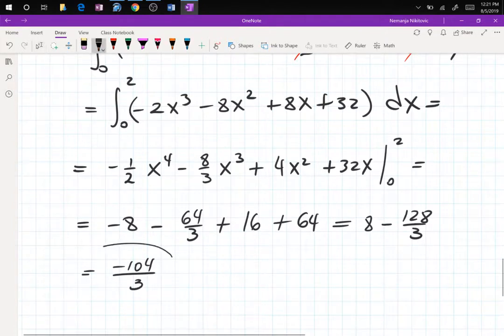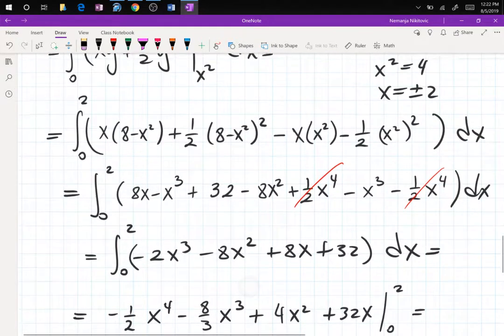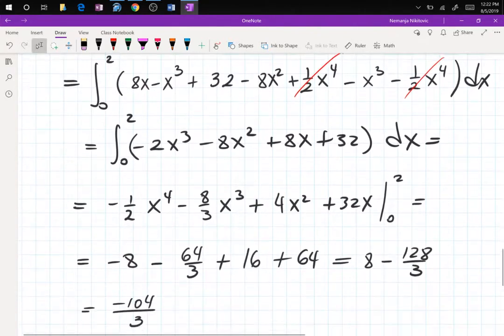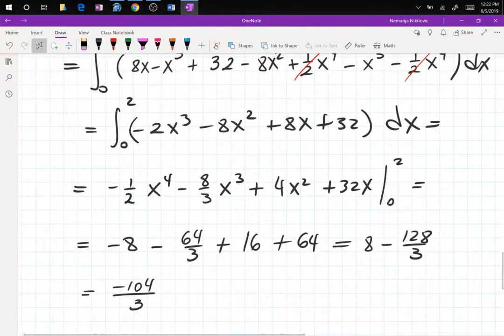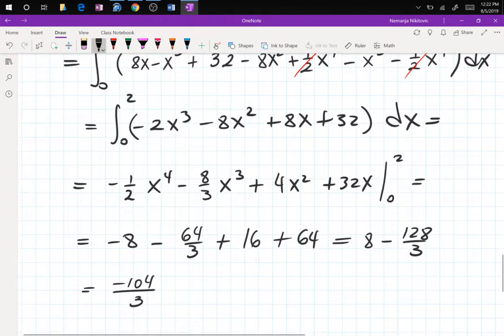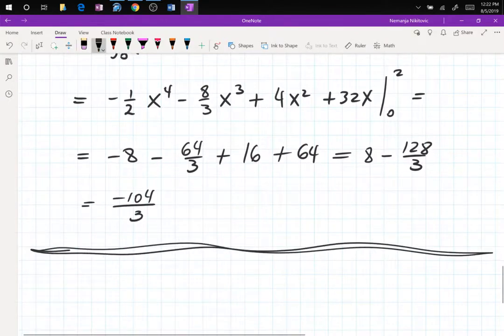So if all calculations went well, negative 104, I don't like it, but that's what I have. If all calculations went well, I don't like that it's negative, it's a volume. But it's way too many numbers to fix.